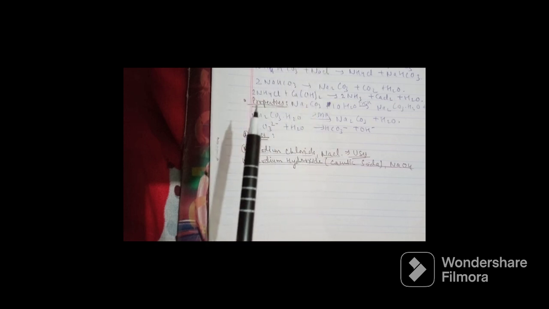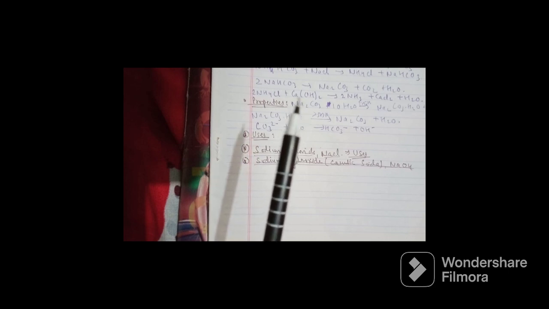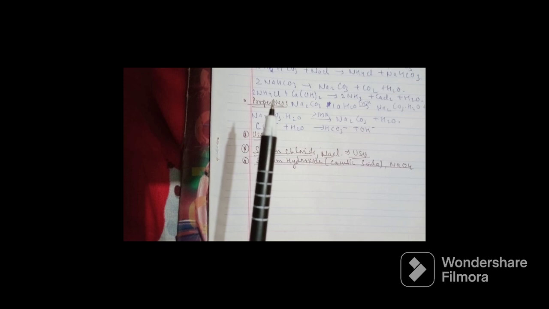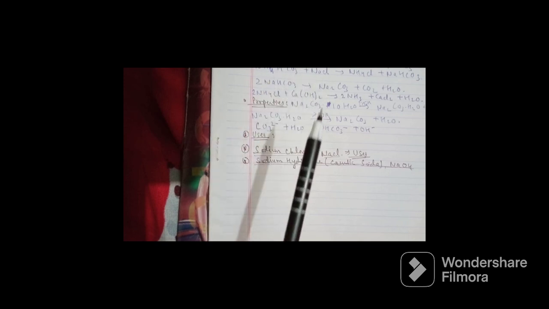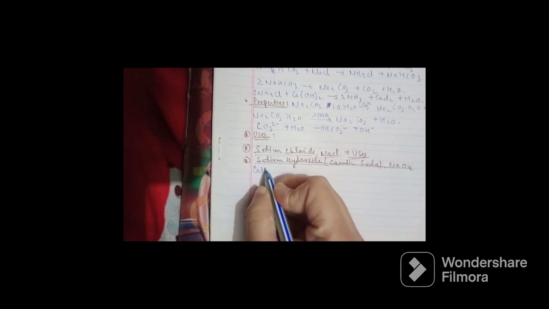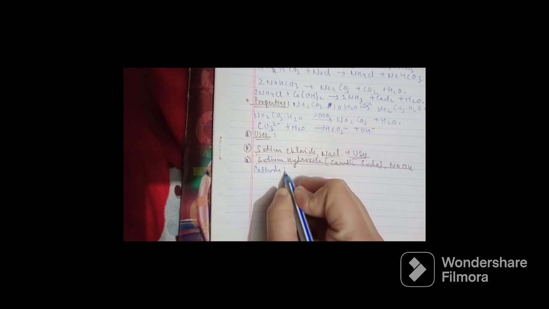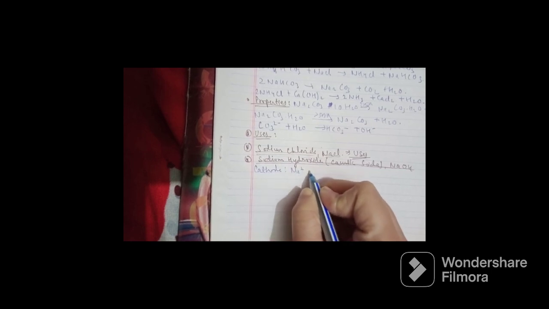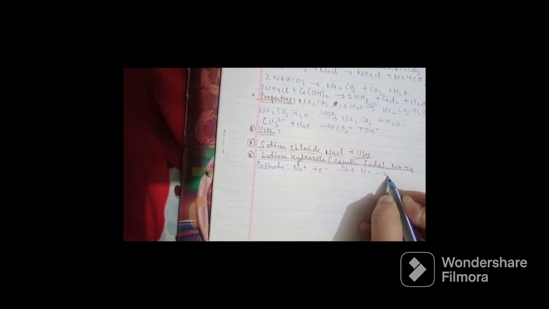Sodium metal is discharged at the cathode and combines with mercury to form sodium amalgam. Chlorine gas is evolved at the anode. At cathode: Na plus, in the presence of Hg, gives Na amalgam.